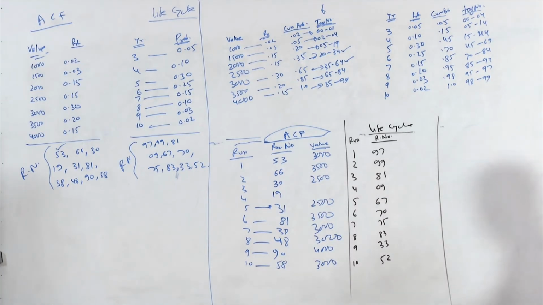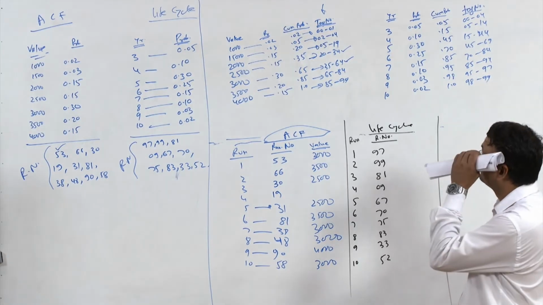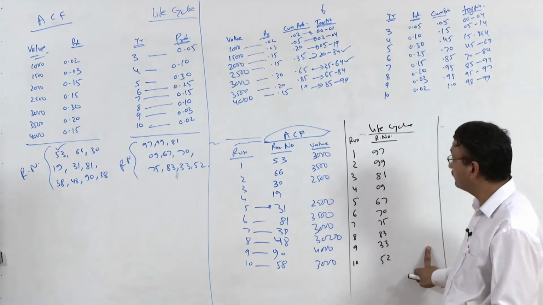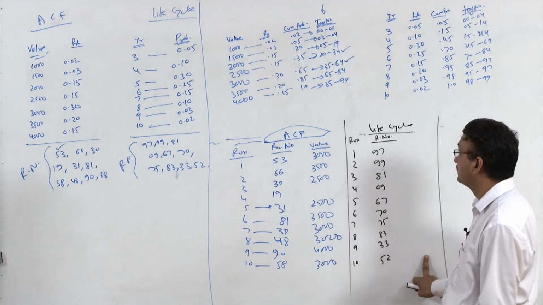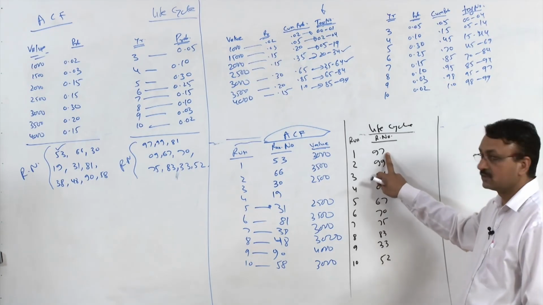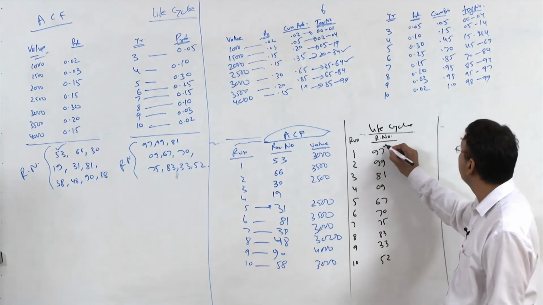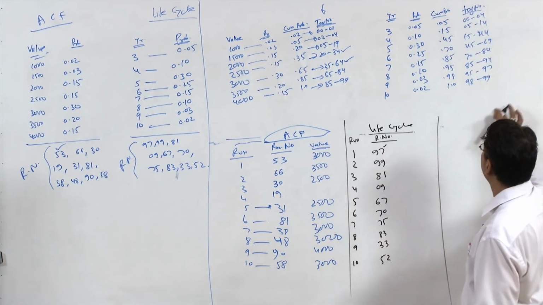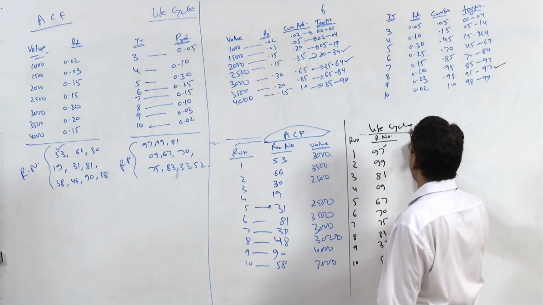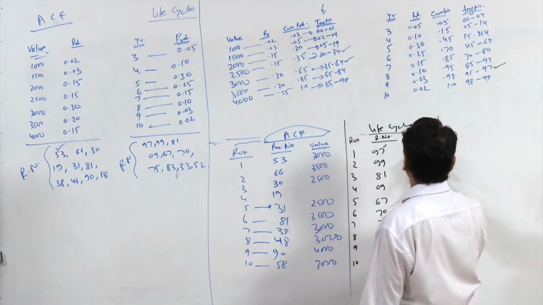You want the life cycle in terms of years. So for random number 97, where does this 97 lie in this column? It's here, so life would be 9 years.